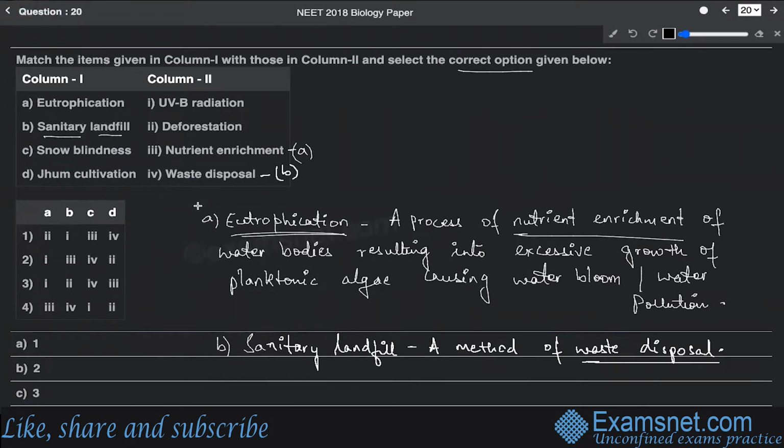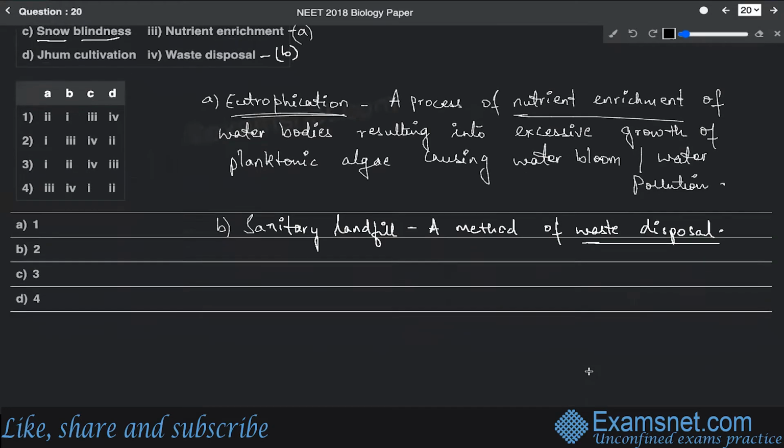Then snow blindness. So snow blindness is basically caused because of UVB radiation. All right, and these UVB radiations are the harmful categories of the ultraviolet rays that are responsible for causing diseases of the eyes like snow blindness or cataract or any other eye diseases, you can say.